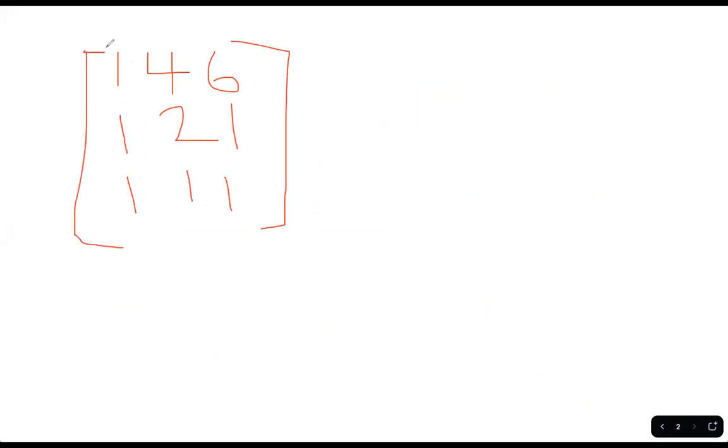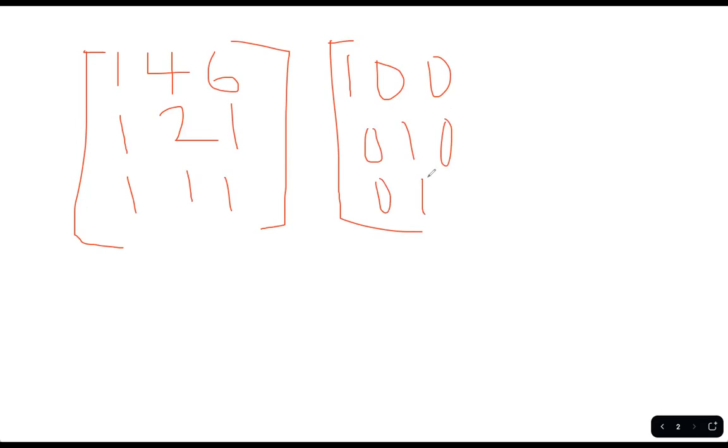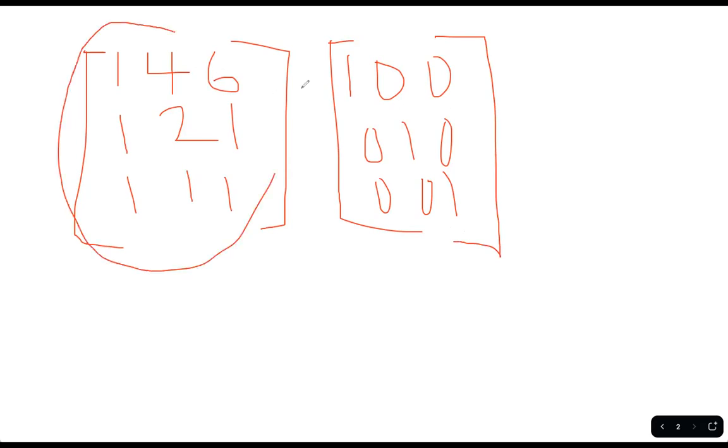If you multiply it by this identity matrix, 1, 0, 0, 0, 1, 0, 0, 0, 1, you are going to get this same thing as your answer. So that's what it means. I want to at least finish this identity today.